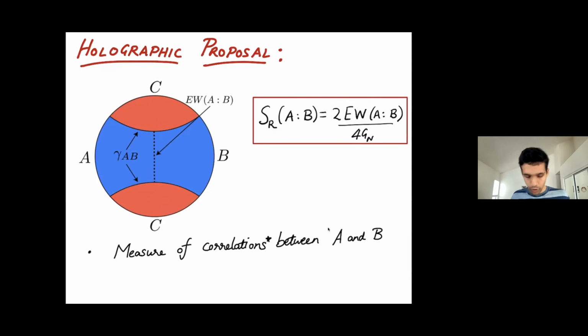So if we assume this holographic proposal that the reflected entropy is computed by twice the entanglement wedge cross section, then one can show that the reflected entropy is a good measure of correlations between A and B, and it satisfies all the properties you need from a correlation measure. So it's some measure of entanglement between A and B, which could in general be in a mixed state. So it's a nice generalization of the Ryu-Takayanagi formula.